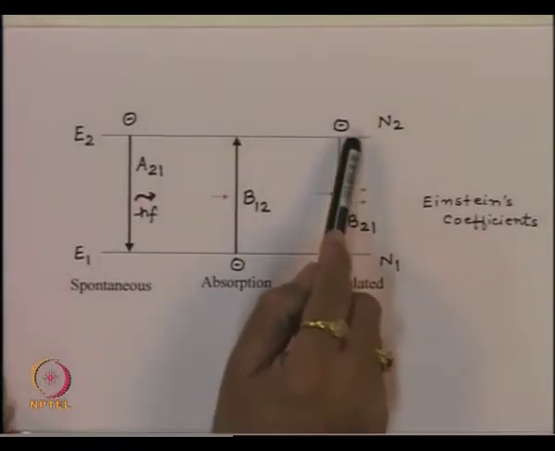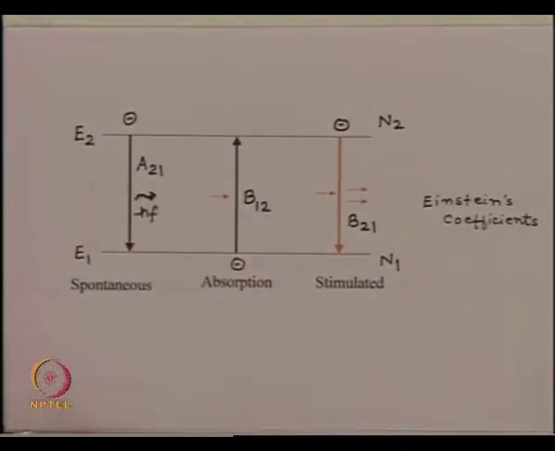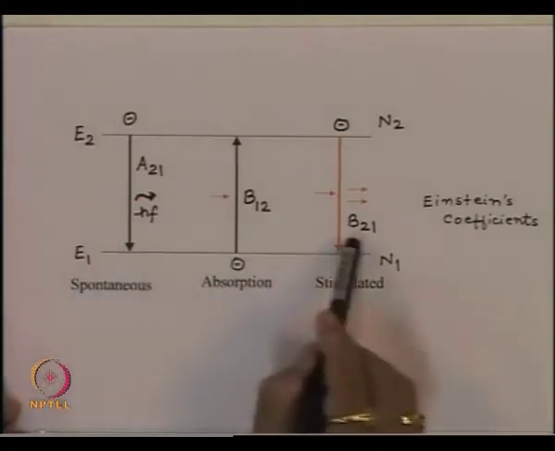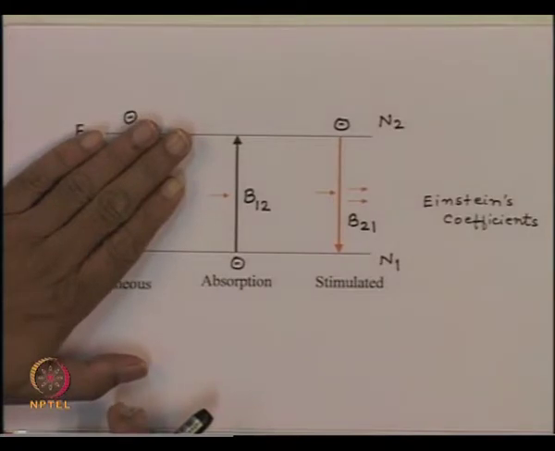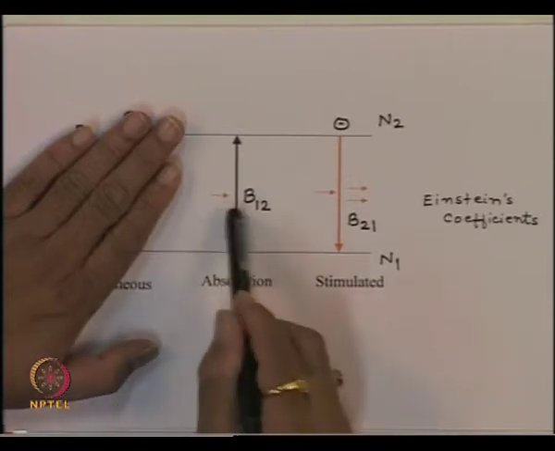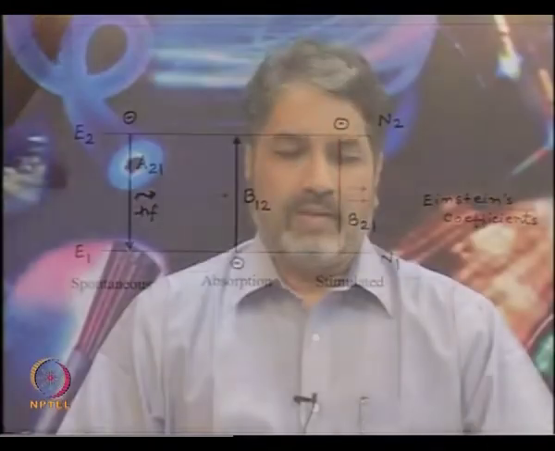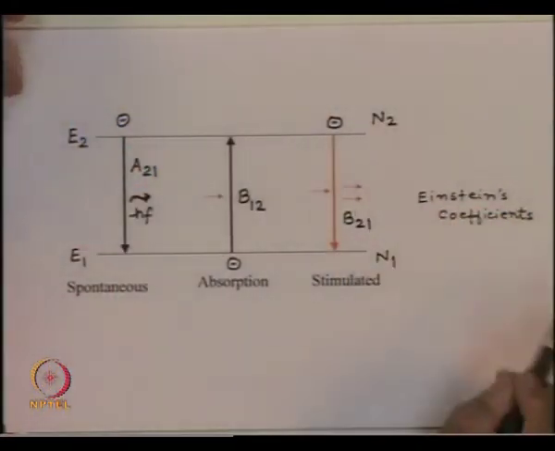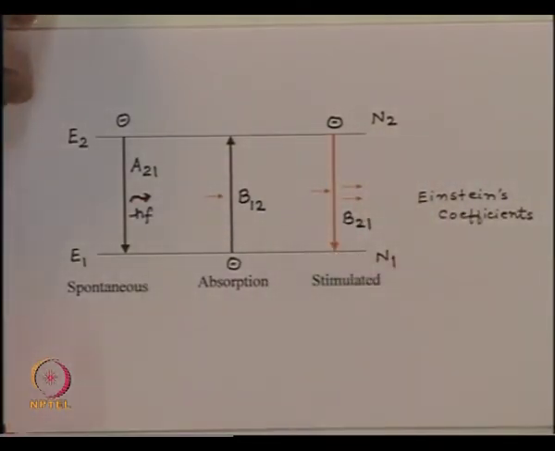There will be hardly any chance of these electrons to show the spontaneous emission. So from now onwards, whenever we discuss the transitions, let us ignore this spontaneous emission. This we have already seen while discussing LEDs, and we concentrate only on these two processes, the absorption process and the stimulated process. So now what we find is that if you wanted to have a stimulated emission, then you must have population inversion. That means there must be more electrons on the upper level compared to the lower level.